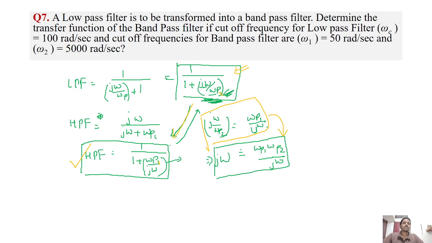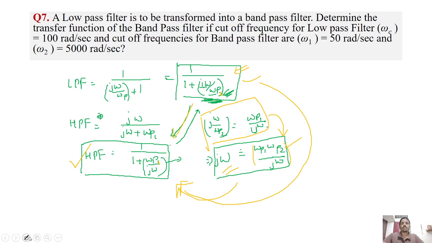Wherever there is j omega in the low pass filter, I substitute it with omega p1 omega p2 by j omega, and I get to the high pass filter. This is how they found the value of j omega to substitute into the low pass filter transfer function.